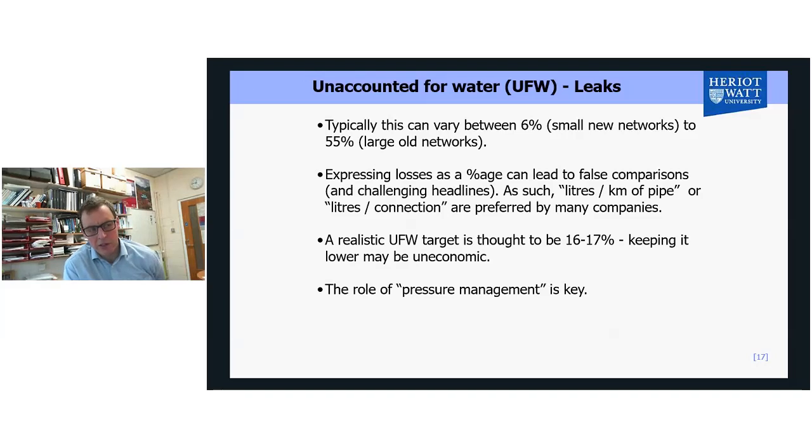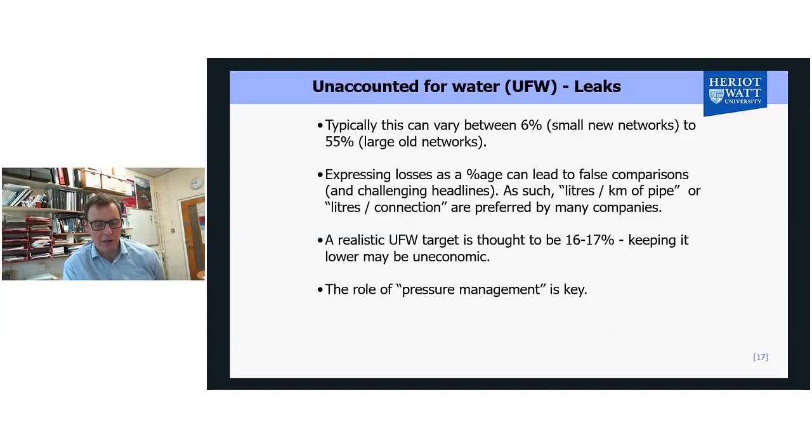Expressing losses as a percentage, however, can lead to false comparisons. It's really easy to understand saying that 20% of your water is lost due to leakage, that's a useful figure to know and to benchmark against.